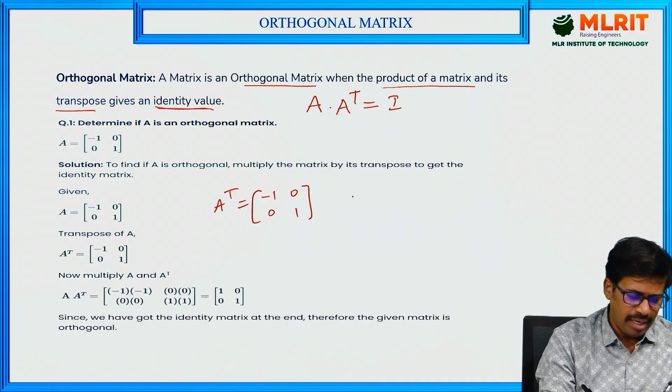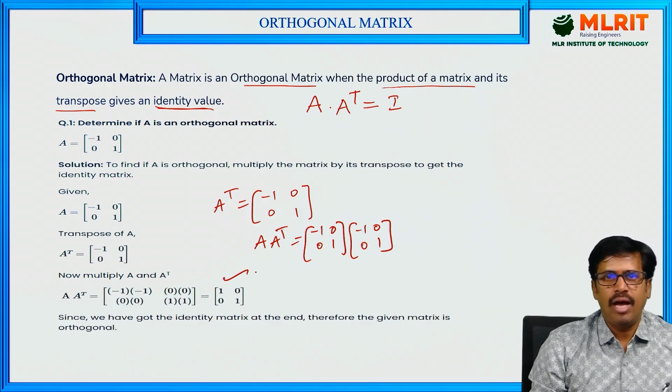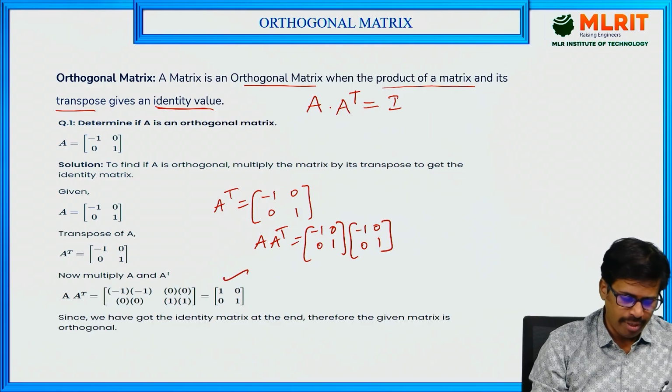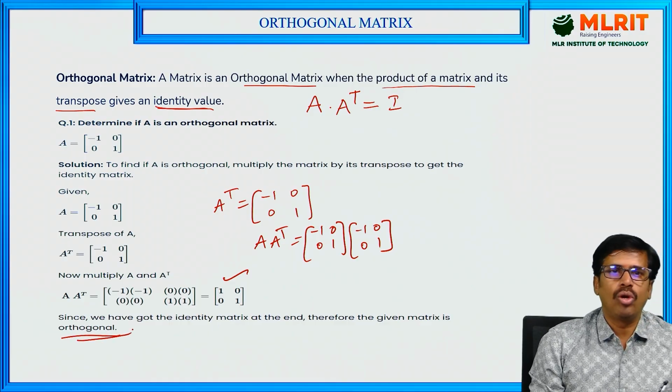Now let us multiply both the matrices. A into A transpose: minus 1, 0, 0, 1 times minus 1, 0, 0, 1. A into A transpose we get the identity matrix of 2 by 2. So we say that the given matrix is orthogonal.